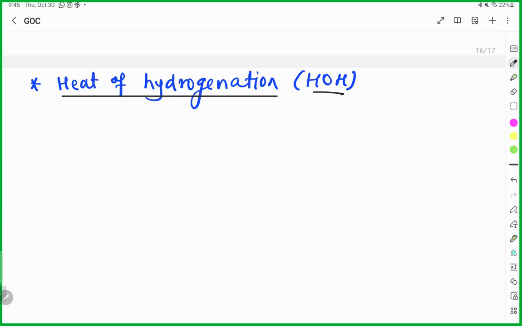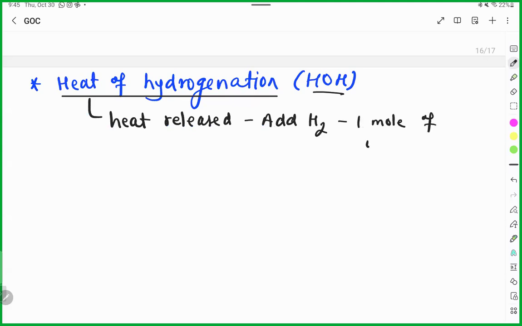What is the amount of heat released? It could be double bonded, triple bonded, multiple double bonded hydrocarbon, with carbon and hydrogen.